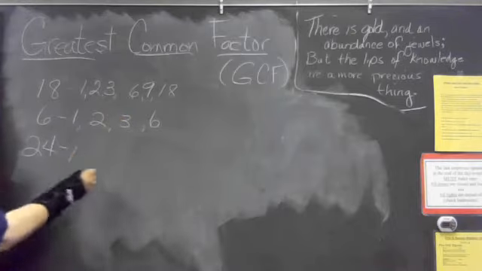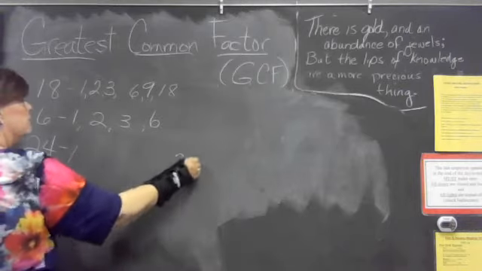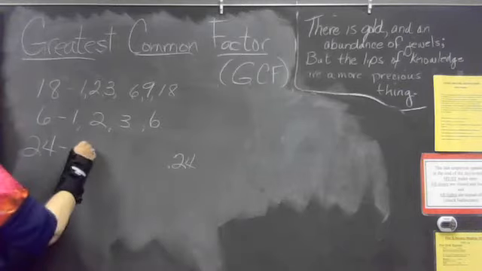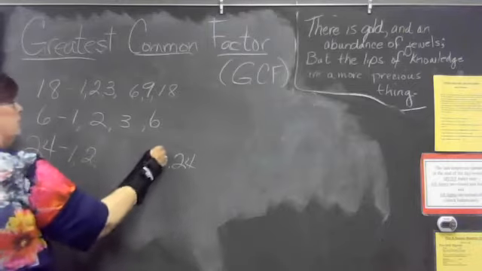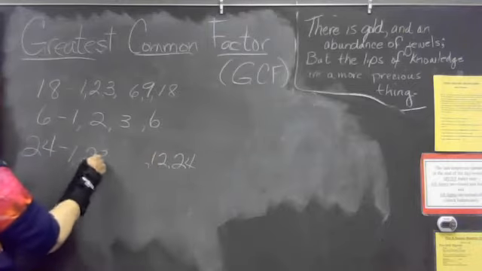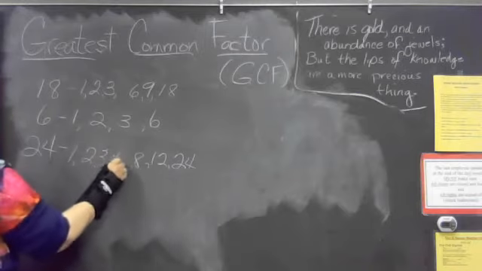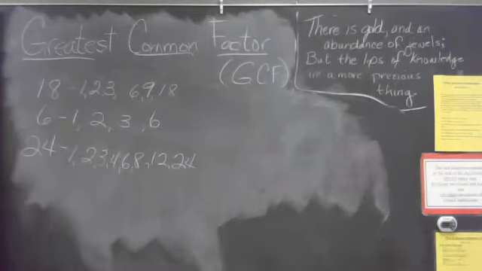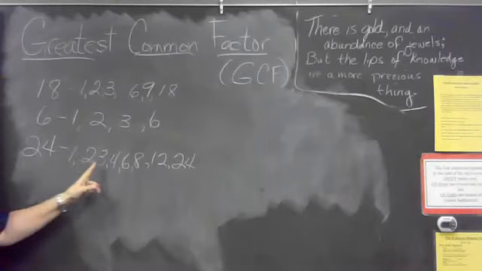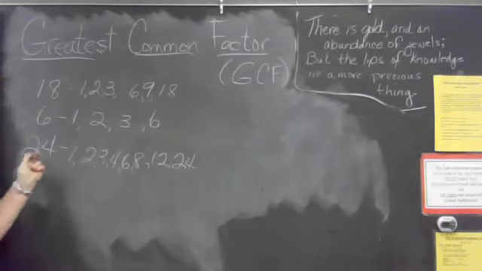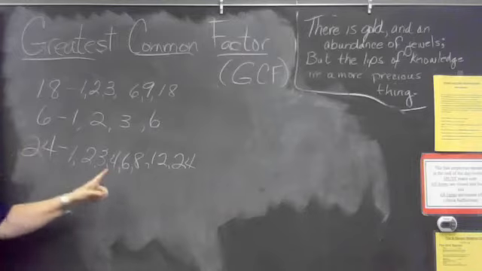And now we have 1 and 24. We just did this one. 2 and 12. 3 and 8. 4 and 6. 5 won't go in there. I did 1, 2, 3, 4. 5 won't divide evenly into 24. The next one is 6, and I have all of them.